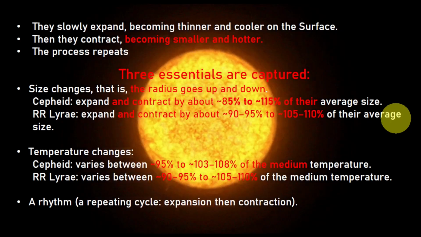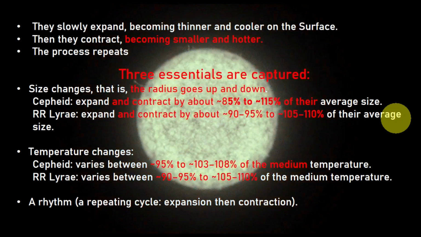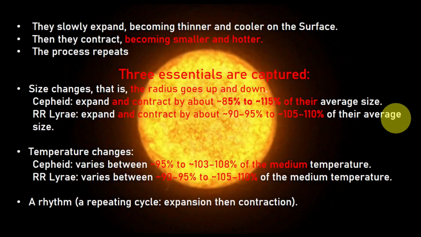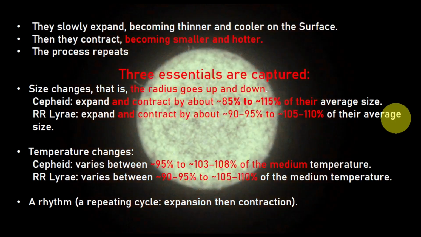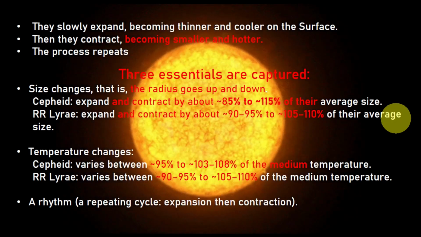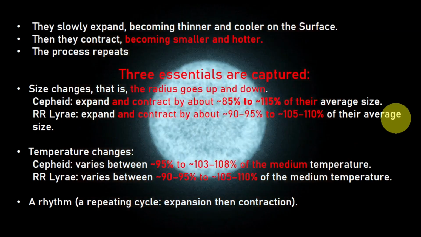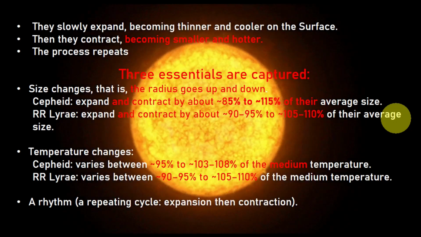So that is for Cepheids. Then for RR Lyrae, when they expand, they can lose heat between 5 to 10%. And when they contract, they can get as hot as 105 to 110% of the median temperature.